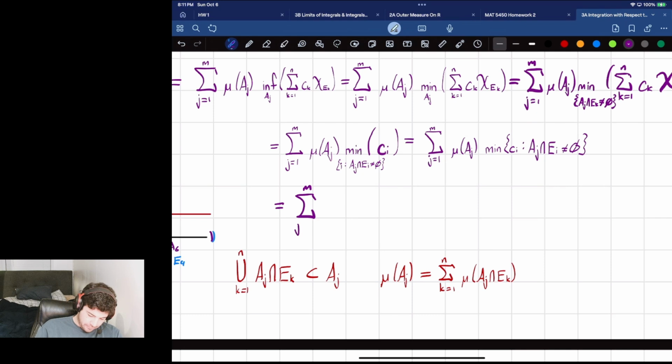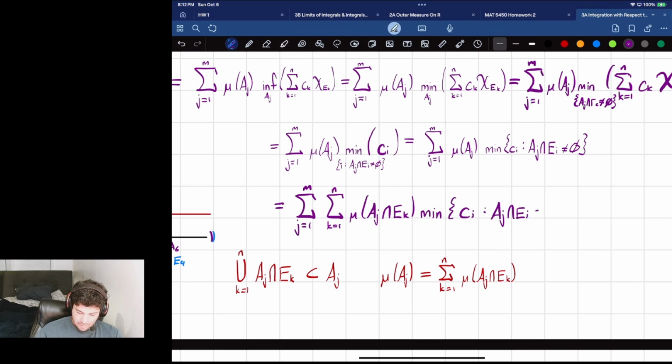This is equal to the sum from J equals 1 to M of the measure, and then this we're substituting with the sum from K equals 1 to N of mu of AJ intersect AK or EK, times the min of the sets of C sub I such that AJ intersect E sub I is not empty.